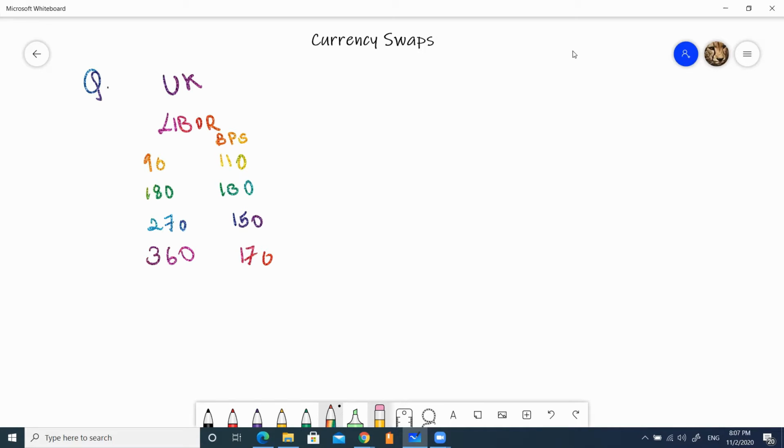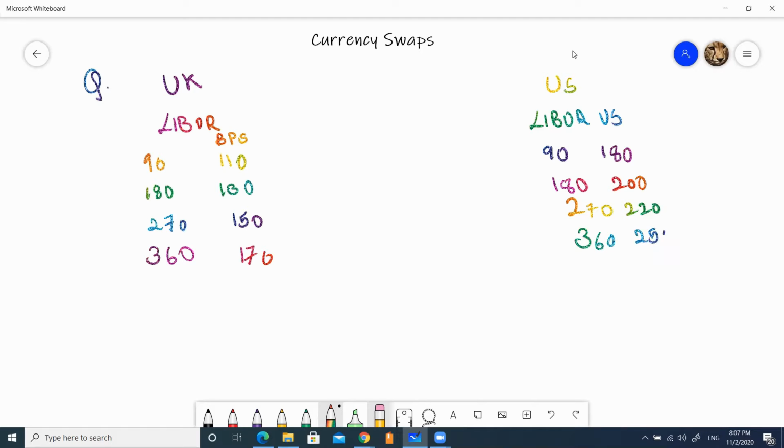Similarly, let us take the US LIBOR. The 90-day LIBOR rate in the US is 180 BPS, the 180-day rate is 200 BPS, the 270-day rate is 220 BPS, and the 360-day rate is 250 BPS. Now, what you need to know is that 100 BPS is equal to 1%.